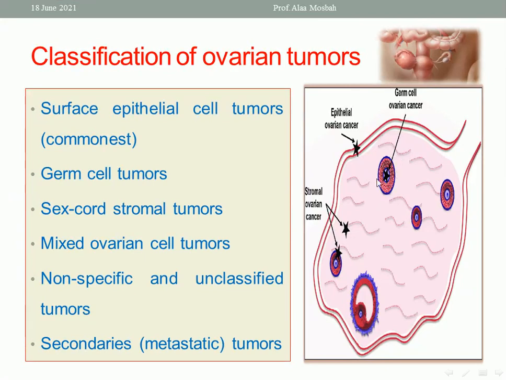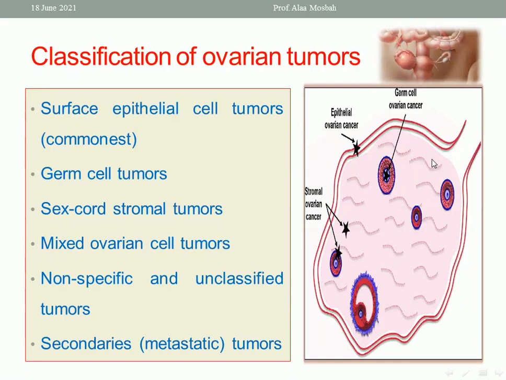And to understand these benign ovarian tumors, you must remember the classification of ovarian tumors by WHO and FIGO. They divide all ovarian tumors, benign and malignant, into these categories: surface epithelial tumor, the commonest; germ cell tumor; sex cord stromal tumor; mixed ovarian cell tumor; non-specific and unclassified tumor, and secondaries. What belongs to us in our lecture today is the benign only.